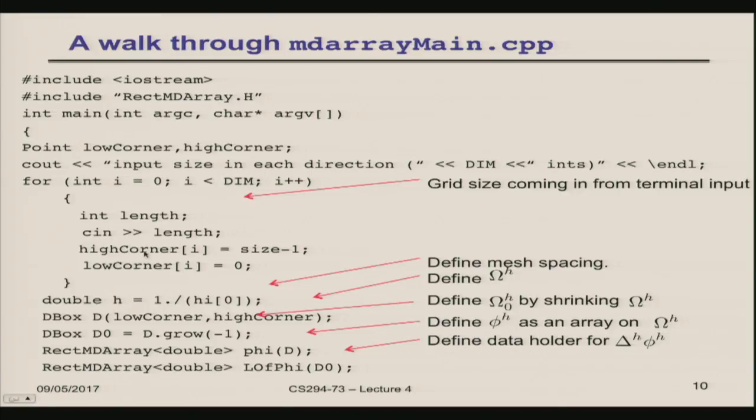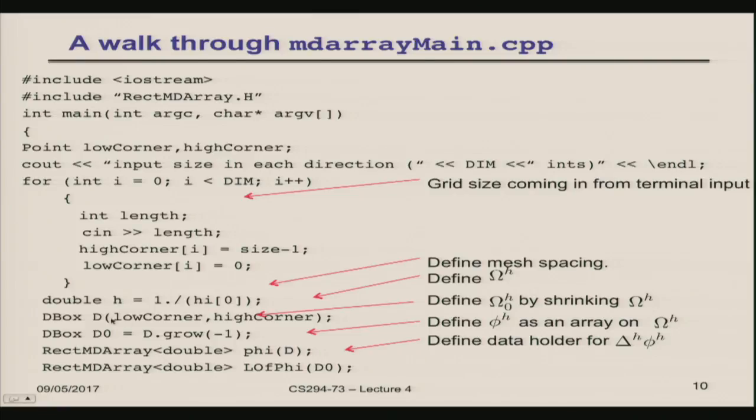I input an integer, and when I edited this, it shouldn't be size, it should be length minus 1. Our high corner is length minus 1, our low corner is 0. So that gives me a grid of size length in that direction. So now I have points where the high corner is whatever these three integers have been entered, and the low corners are all 0.